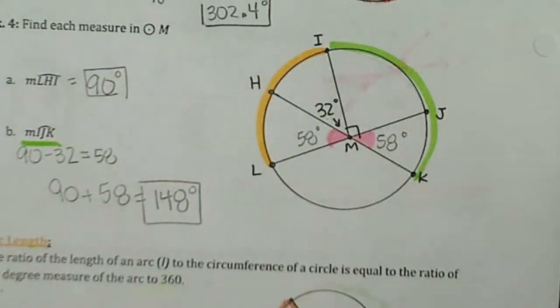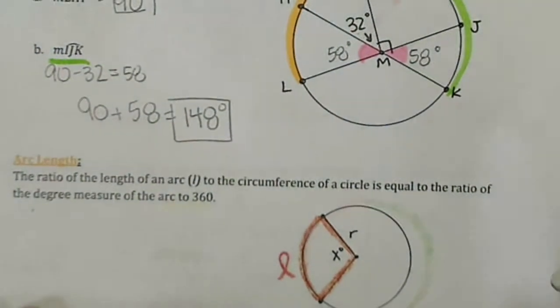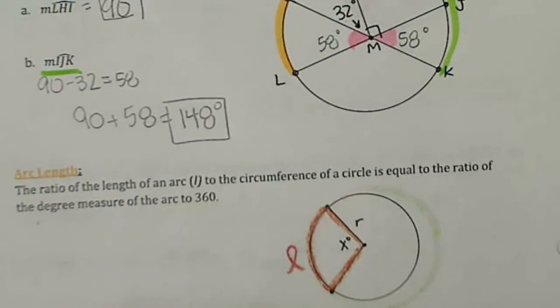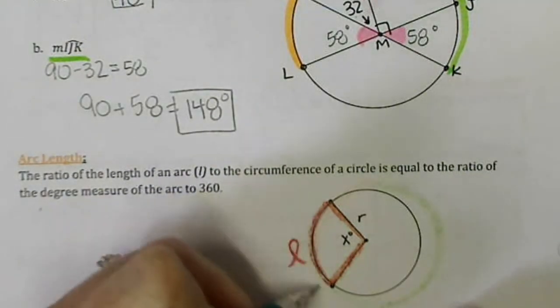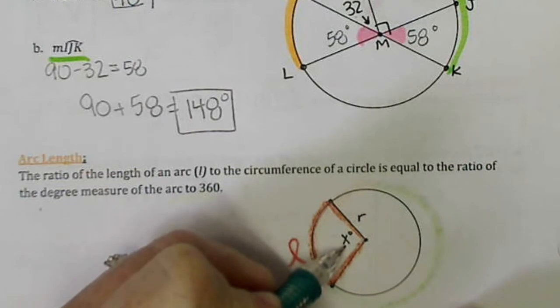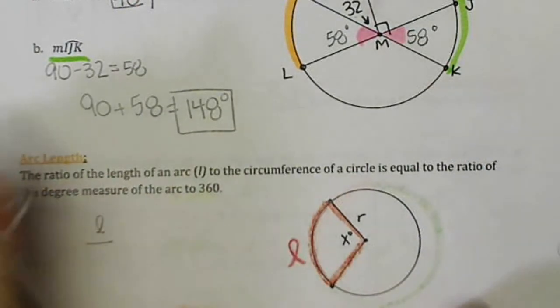All right, so remember we talked about arcs can have measures, which is what we've been finding, or they can have length, which is an actual piece of the circle. It's part of the circumference. So we have here this length, not the measure, not the degrees, but the length. We can make a proportion.